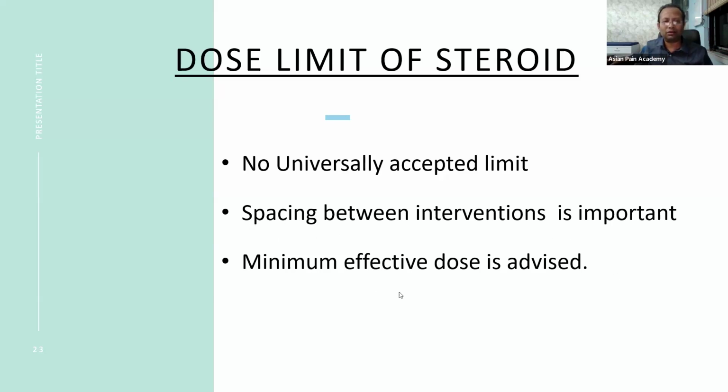In a practical scenario in clinics, we do not do a second intervention before 3 months actually. The minimum effective dose is advised. That is also important for radicular pain: 20 mg for one area of injection, for radiculopathy, say L5 radiculopathy, where a small disc is compressing the L5 nerve.